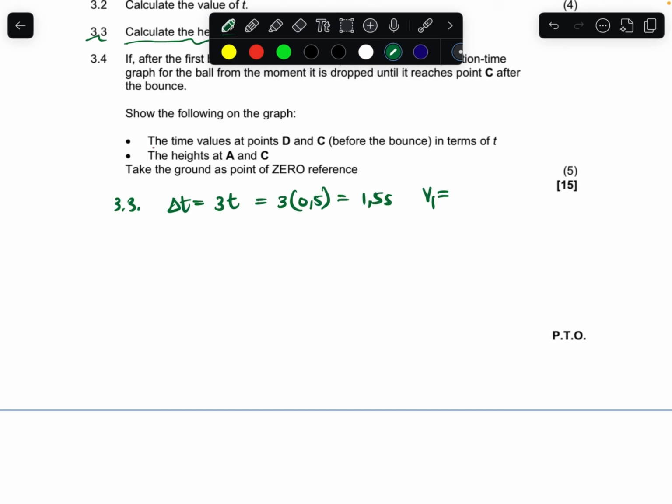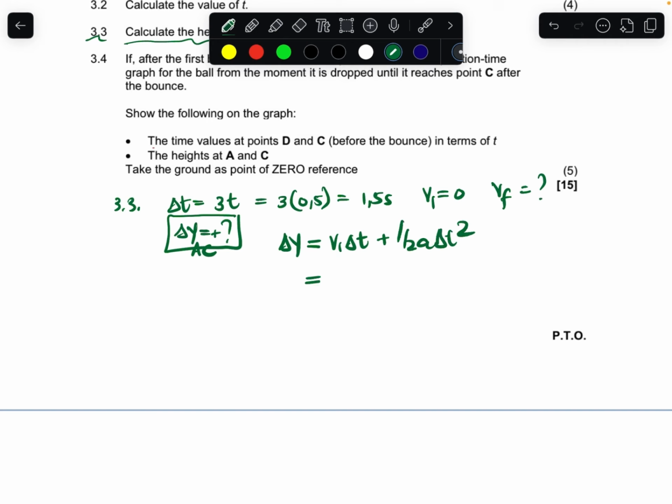And then the initial velocity we have is 0. The final for that segment from A to C, we do not have. The displacement is the one that we want, and we know it's going to be positive. We wanted the displacement from A to C, right? What else do we have? Okay, we're going to use the same equation, vi change in t plus half a t squared.